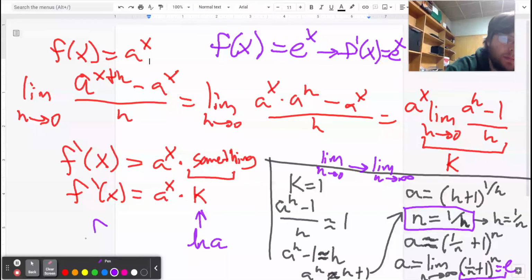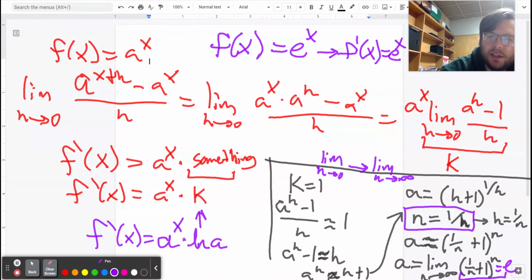So in general, the derivative of an exponential function is itself times a constant. That constant is equal to 1 when we're looking at the number e, and that constant is just equal to the natural log of the base in general.